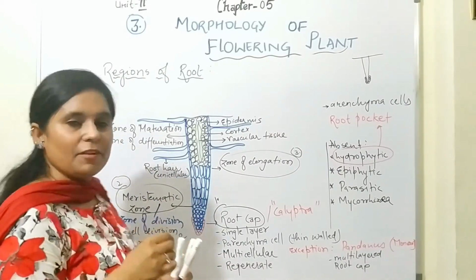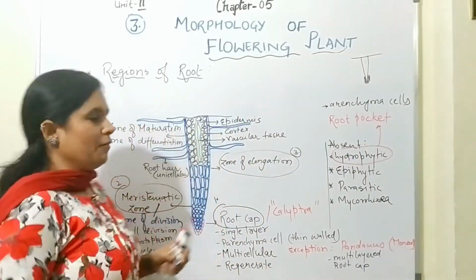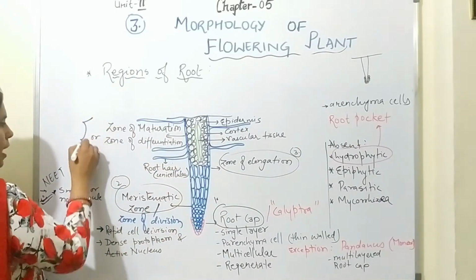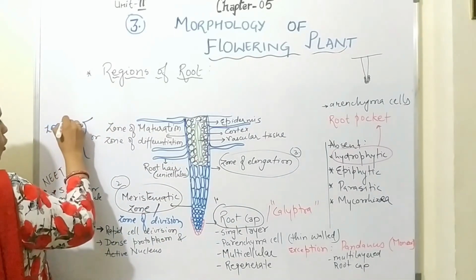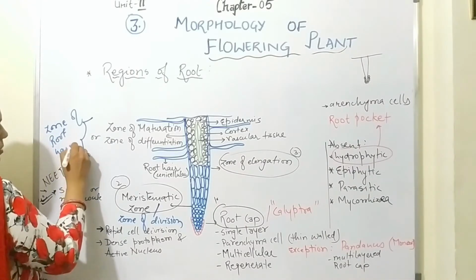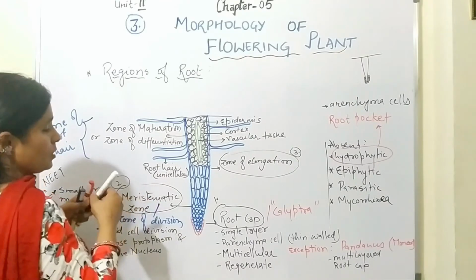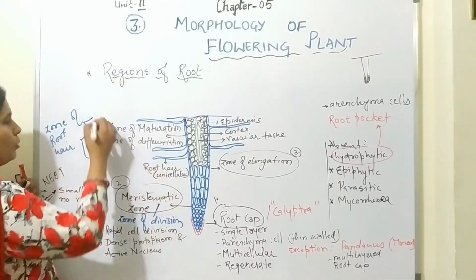So what is the definition of root hair? It is the extension of an epidermal cell. We can also call this zone the zone of root hair. Remember this. Fine. What is the important function of root hair?